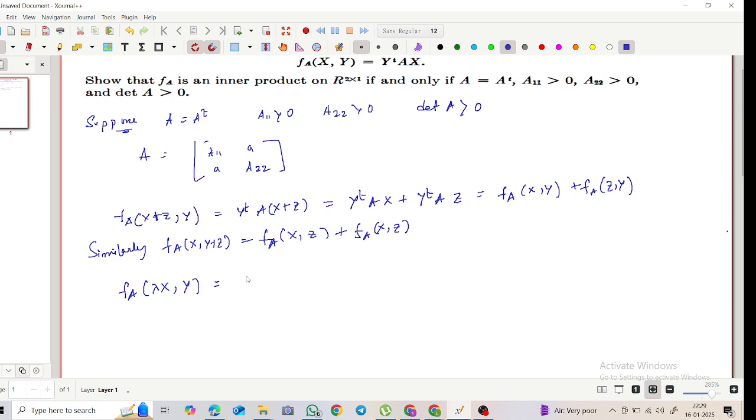I think it will be lambda f(x, y), and also in the second component. The main thing which I want to check is f(A x, x) greater than 0 for all x belongs to R2. That should be our concern.